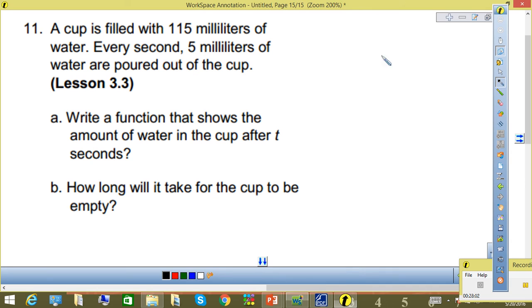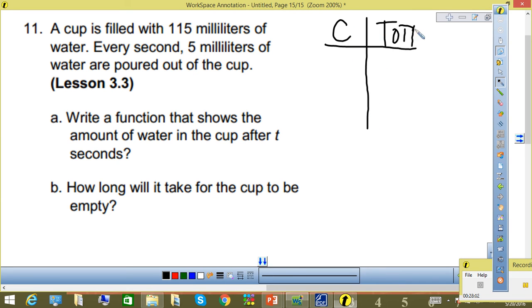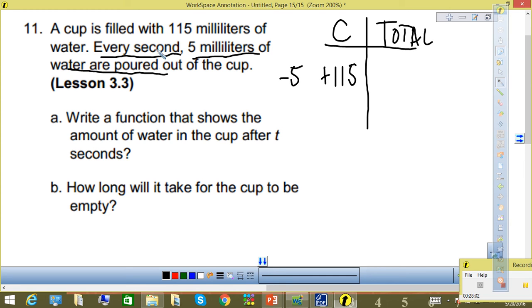All right, so a cup is filled with how much? So it has right now plus 115, yes? And what is the rate? Every second, 5 milliliters of water are poured out. What does poured out mean? Subtraction or negative. So this is negative 5, and for seconds, do we use S or X? Just X.